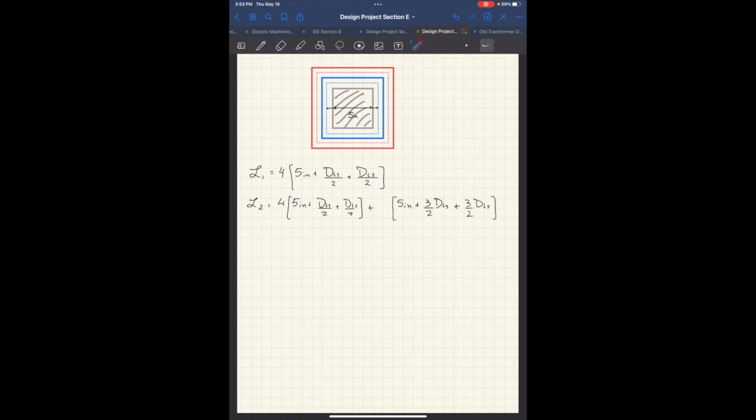Right? And that's going to account for this entire distance, which is the same as this distance. And because it's a square, it's the same as this distance, and the same as this distance, and so on. So you got to multiply by 4. All right? This is going to simplify, don't worry. So we don't have to do this for 15-something layers, right? Okay.